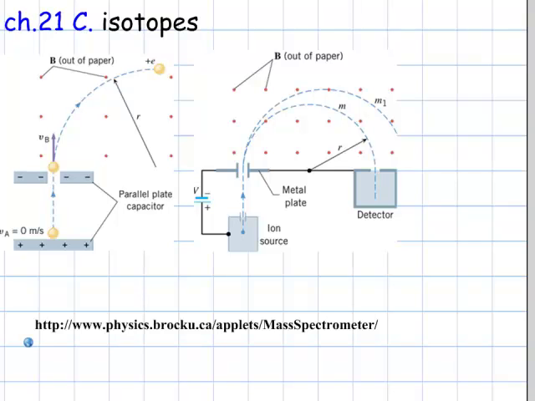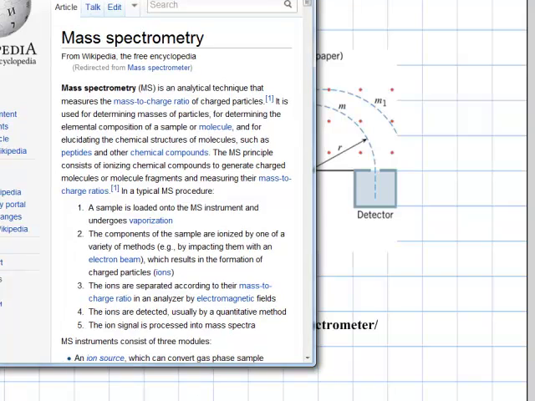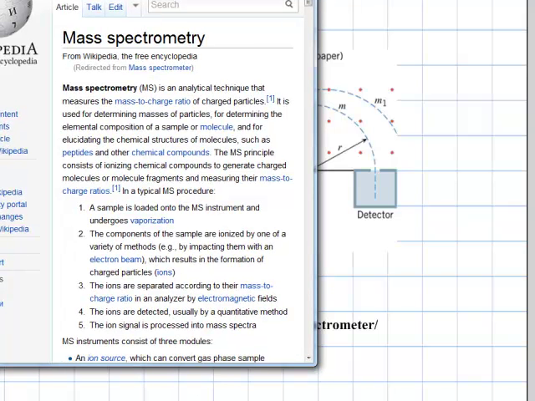Okay, so a mass spectrometer. We have these images here from the book, and I just pulled up some information here. It says mass spectrometry is an analytical technique that measures the mass to charge ratio of charged particles, and so on. And it says molecules, chemical compounds, mass to charge ratio.